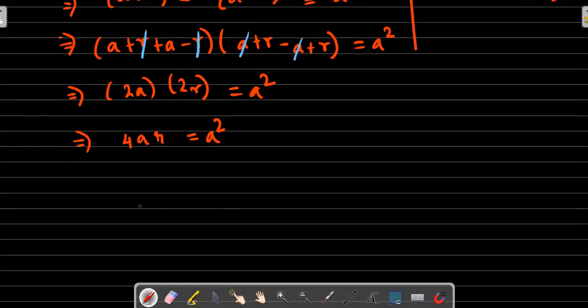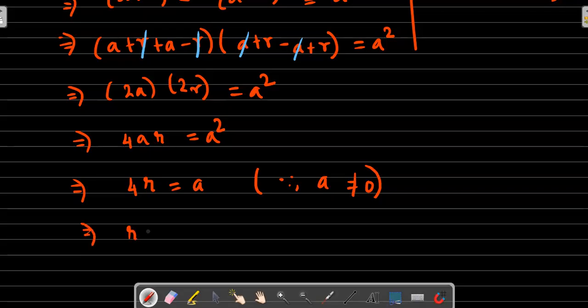Now a is not equal to 0 because a is the side of the rectangle. Therefore we can cancel out the a. Therefore 4r equal to a, since a is not equal to 0. Now r equals a by 4.